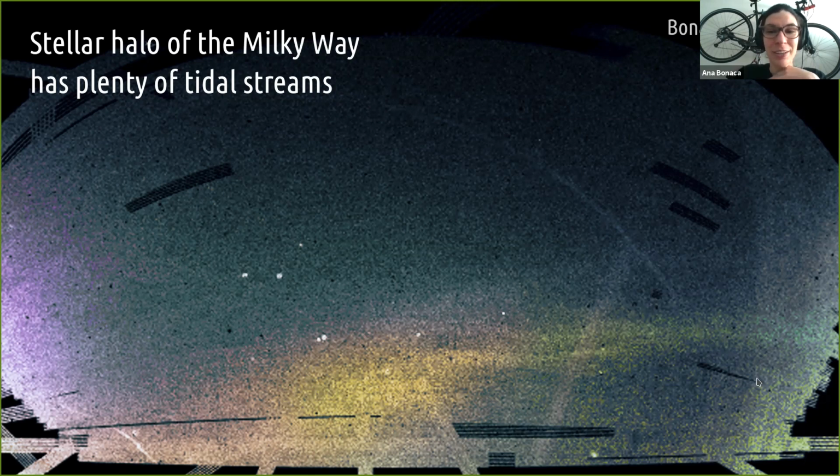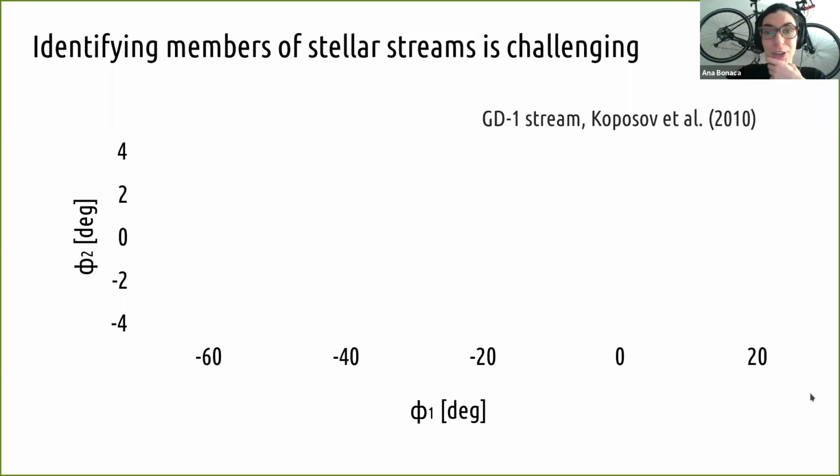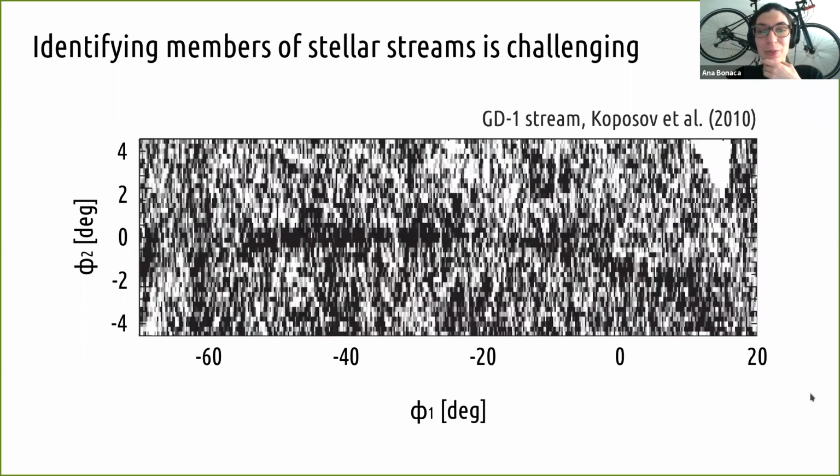For the case of GD1, which has been a very good target because it is such a long stellar stream and also very cold, this is what a map tuned to select stars, members of the stream, looks like, with the best data that we have until recently.